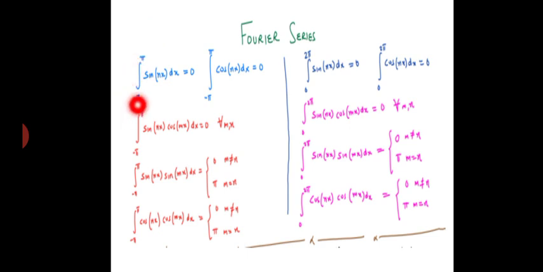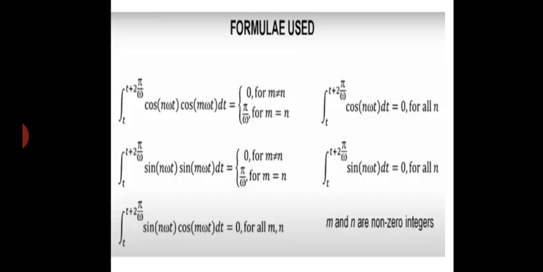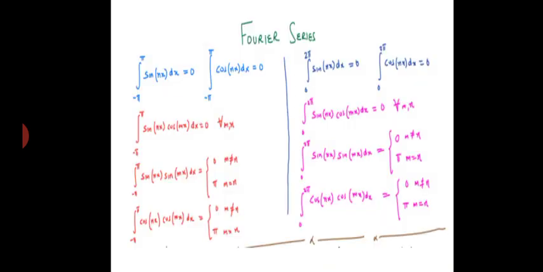Whatever integration you take, if you take minus t by 2 to plus t by 2, the integral of sin nx dx is equal to 0. If you take it from t to t plus 2 pi by omega, you can see the integral of cos n omega t is equal to 0 for all values of n.